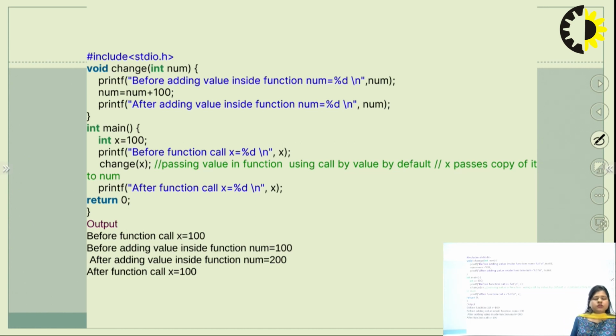So the user defined function that I have created will not have this original number, but it will get a copy of the value that I pass on. Then when the called function gets the value, I will do some manipulation.